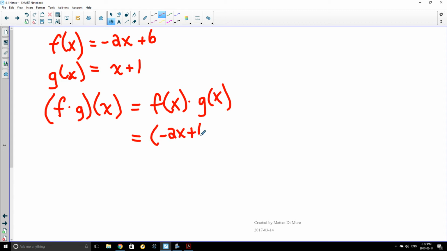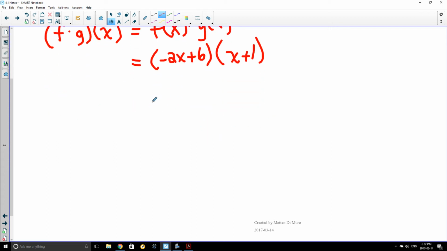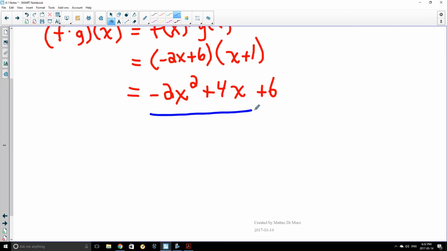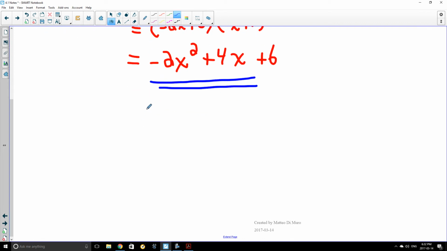We're going to get negative 2x squared, and then negative 2x plus 6, so plus 4x plus 6. What is this? Something that has highest degree as a square. Anyone? Don't stress out. This is a parabola. So that would be my prediction.